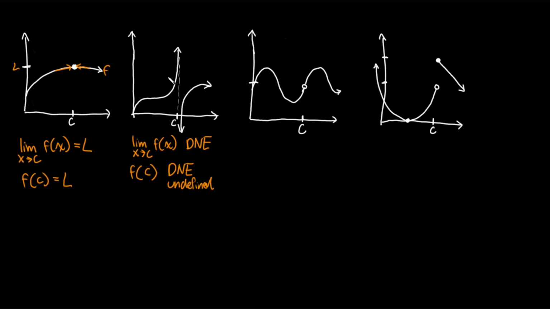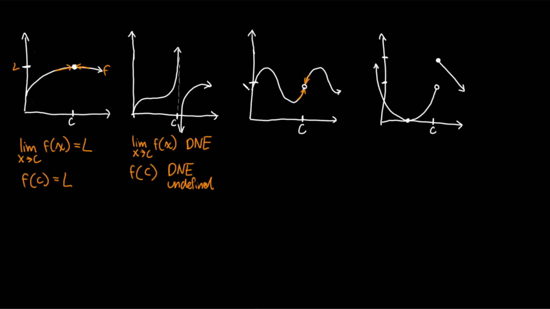because it's an asymptote. The third one, we have a sinusoidal function, and we have a hole at x equals c. But if we use the behavior, we can see that it's approaching some value. If we filled it in, you could see that there's some value there.